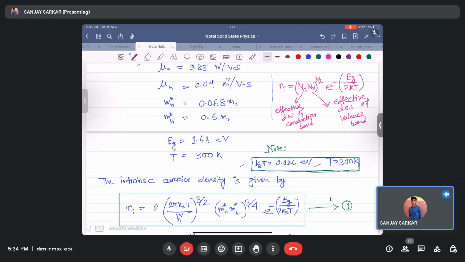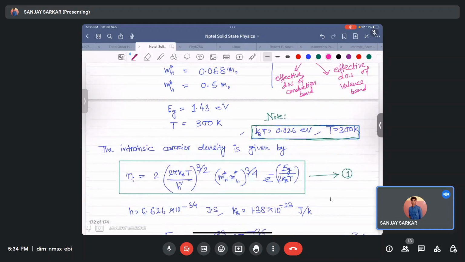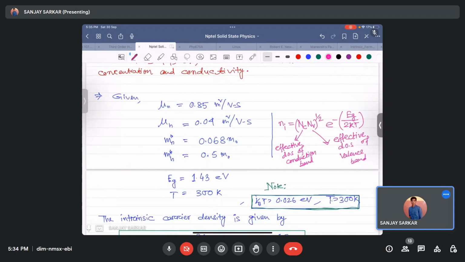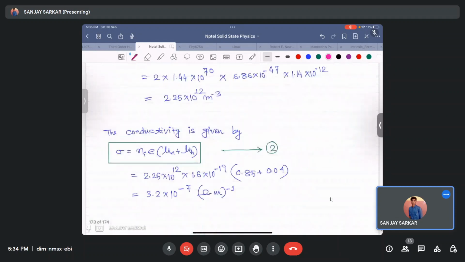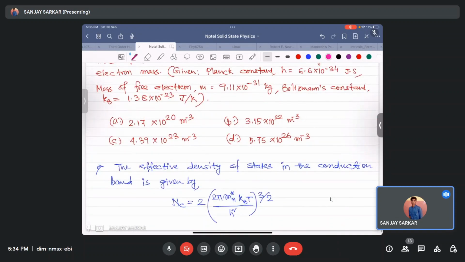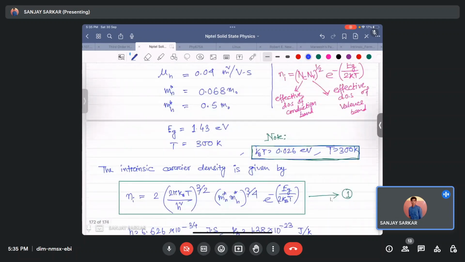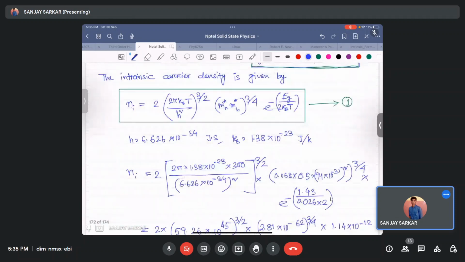So after putting the formula of Nc and Nv, we will get equation 1. So that is the expression of Nc, let me write it as equation 3. Similarly, you will get an expression for Nv also, and putting Nc and Nv in this expression, you will get equation 1.